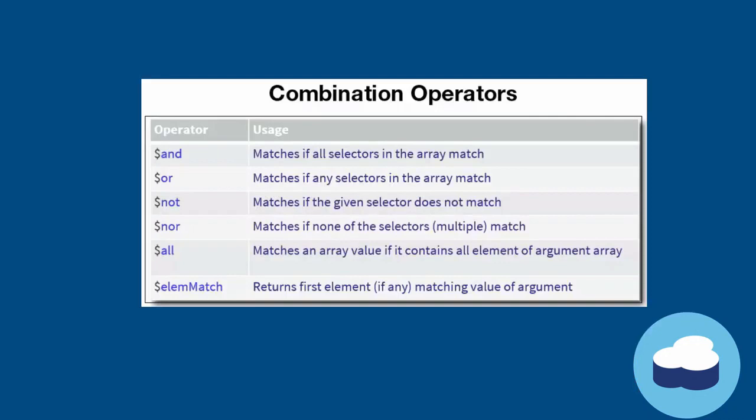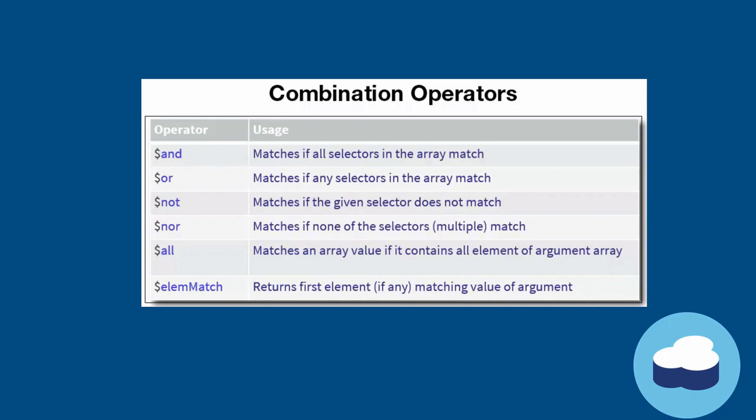Then there are two core types of operator in the selector syntax, the combination operator and the conditional operator. A condition operator checks for a specific condition to be true. Combination operators are used to combine conditions or to create combinations of conditions into one selector. They take a single argument, either a selector or an array of selectors for the combination.